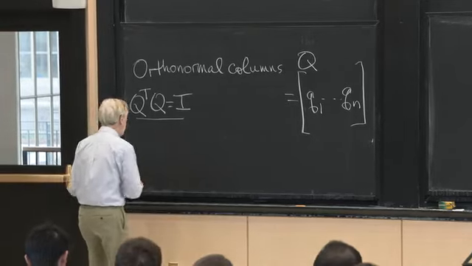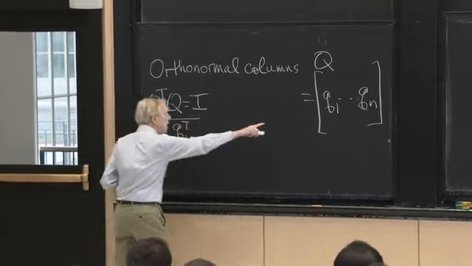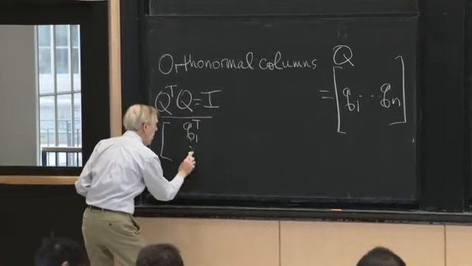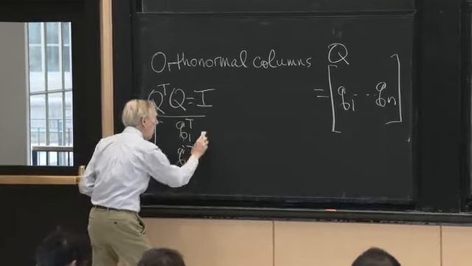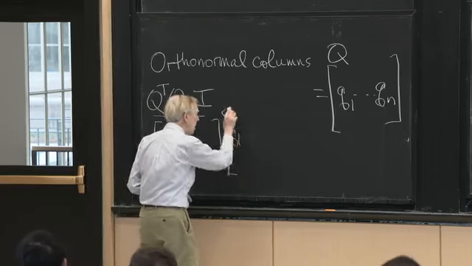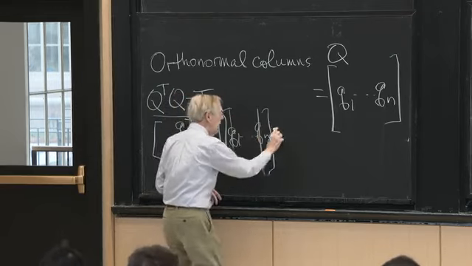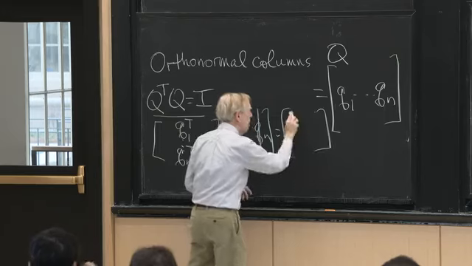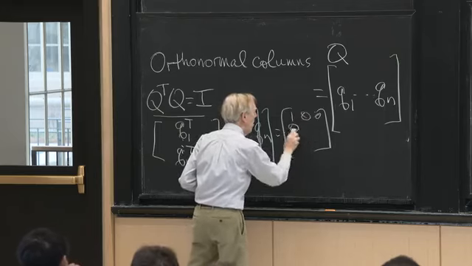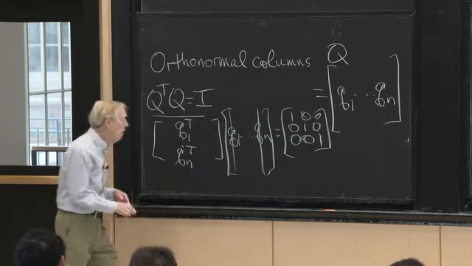Let's just see why. So Q transpose would be, I'll take those columns and make them into rows. And then I multiply by Q with the columns. And what do I get? Well, hopefully I get the identity matrix. Why?